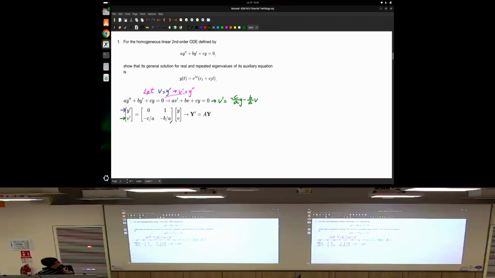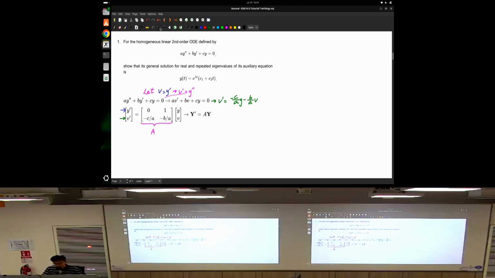At this juncture, because your eigenvalues are going to be real and repeated, this is your matrix A. When you try to solve this, you are going to have real and repeated eigenvalues.